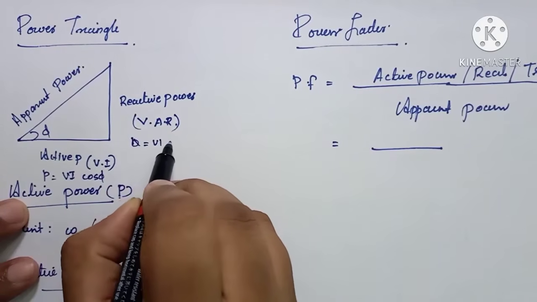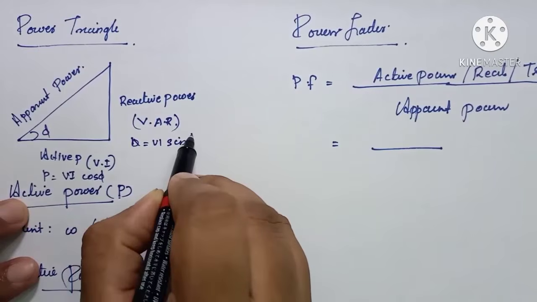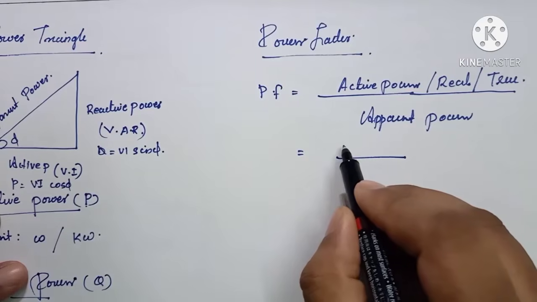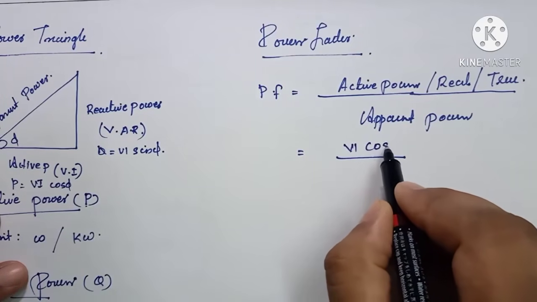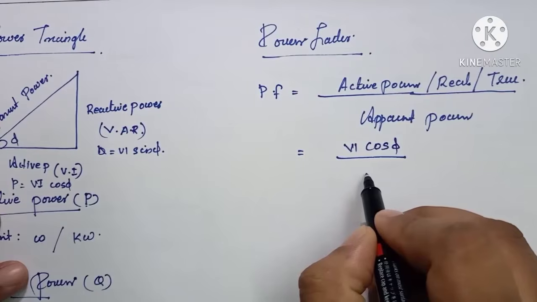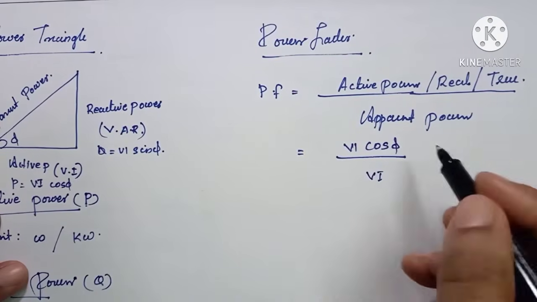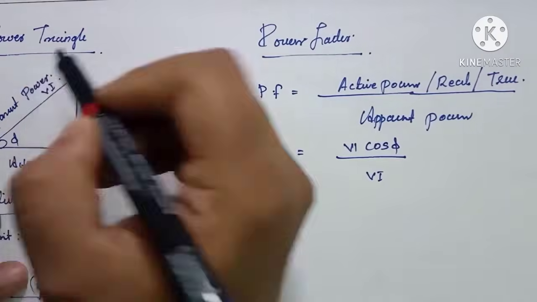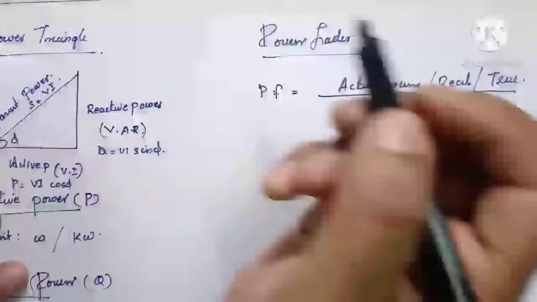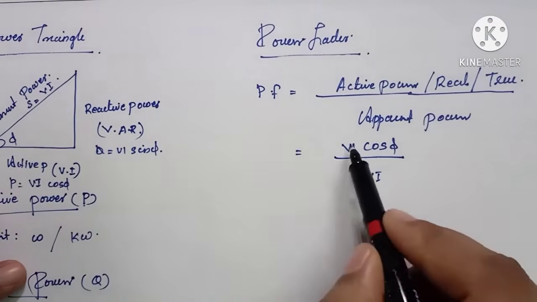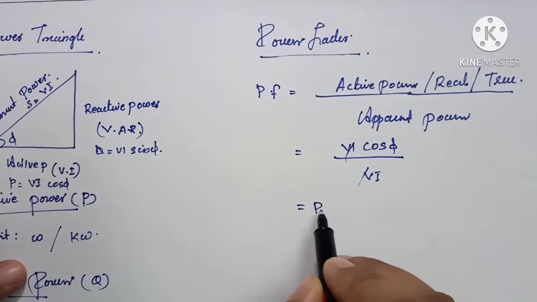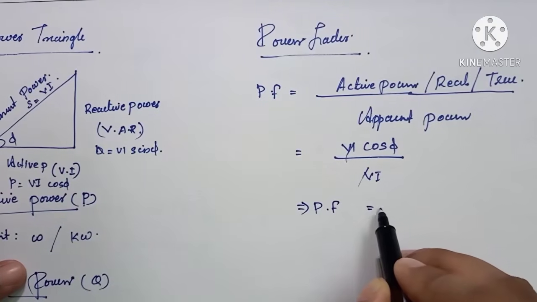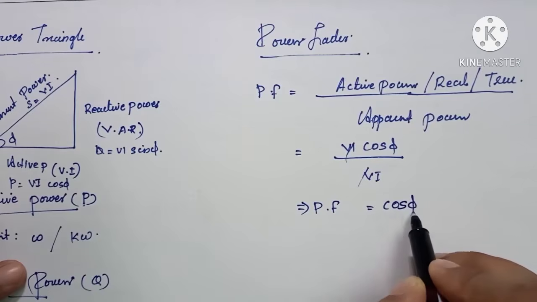and the reactive power Q will be equal to VI sin phi. Okay, so we can write it here as VI cos phi divided by V into I. Apparent power will be V into I. Okay. S is equal to V into I. So we will get power factor will be equal to cos phi.